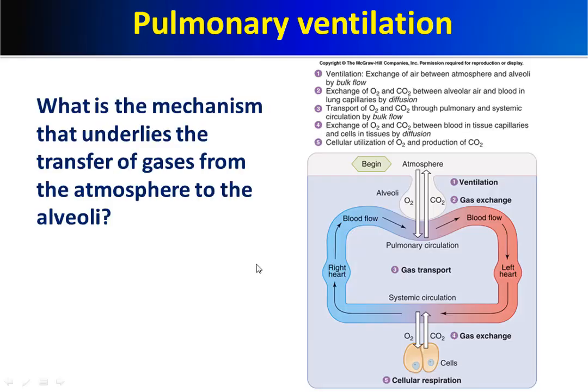Pulmonary ventilation, as we have just mentioned, is the inflow of air bringing oxygen and the outflow of air taking off carbon dioxide between the atmosphere and the alveolar air. So what's the mechanism responsible for the movement of air between the atmosphere and the alveoli?